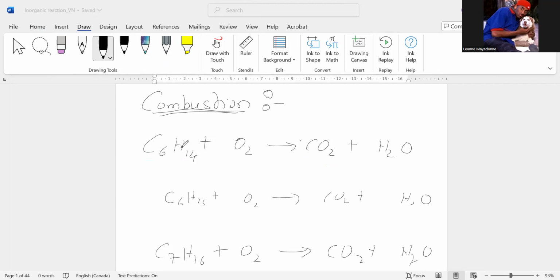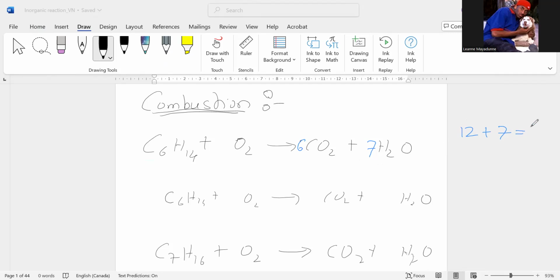We have six carbons over here, so I'll multiply this by six. And I have hydrogen, which is 14, so I'll multiply this by 7. Now, if I look into the oxygen, there are 6 into 2, 12 with carbon dioxide and 7 with water.